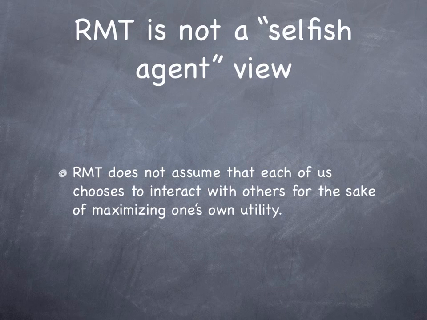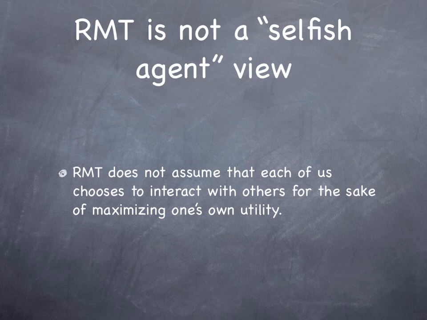In other words, it does not assume that each of us chooses to interact with others in order to maximize one's own utility, which is a classic view in economics. Economics is almost wholly structured by market pricing; classical economics is an overextension of market pricing. But rather, on relational models theory, social relations are valued in themselves, recognized as intrinsically meaningful.